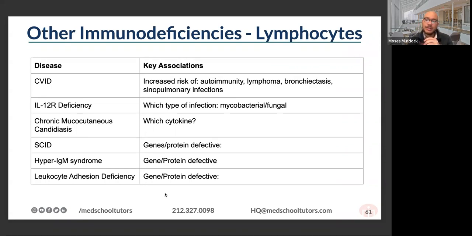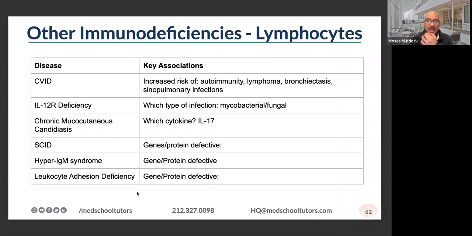So what is the cytokine that might be abnormal here? We've actually mentioned it once already in a sort of different context. Yep, Candida is absolutely right. So IL-17, you can have IL-17 defects in chronic mucocutaneous candidiasis.